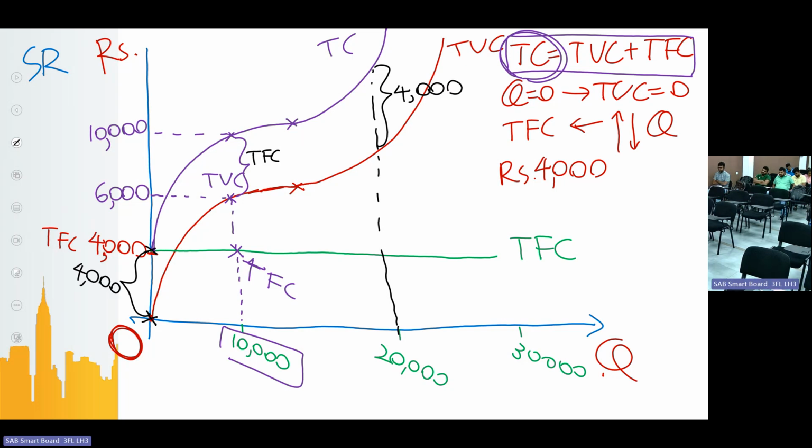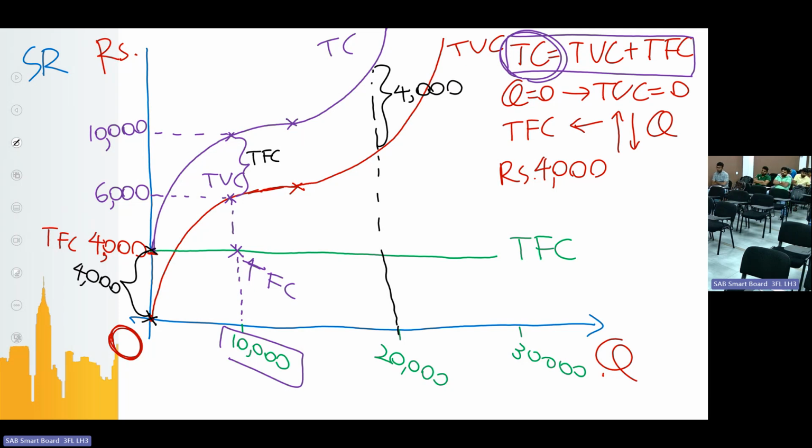So at each level of output, we have to shift total variable cost upward by the amount of total fixed cost. Then we get the total cost curve. The vertical difference between total cost curve and the total variable cost curve is the total fixed cost. It also has the same behavior as the total variable cost.